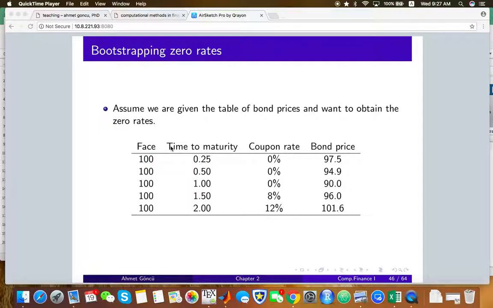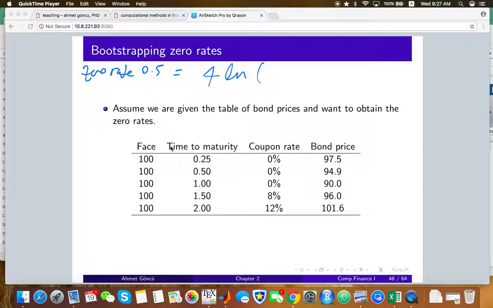So if you want to calculate the continuous compounding return for this, let's say the zero rate for the 0.25 maturity, you calculate this by 4 times.